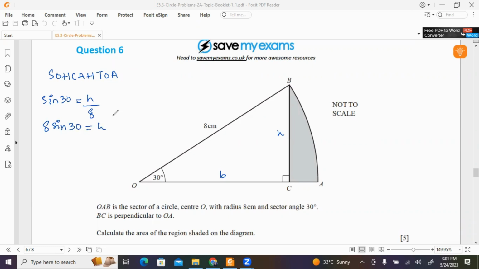Plug this in the calculator. So 8 sine 30 is 4 centimeters. That is the height. Then for the base, I'm going to use cos. Cos 30 equals base over 8. So we do 8 times cos 30. That is 6.9.